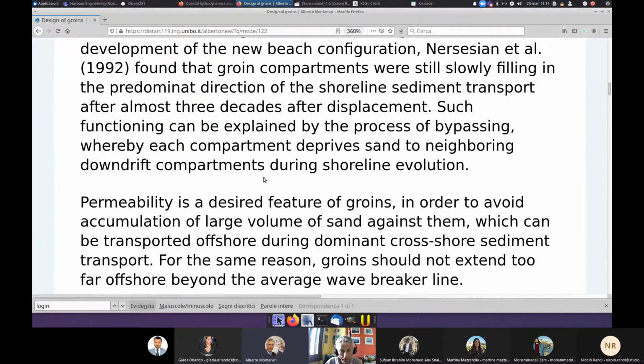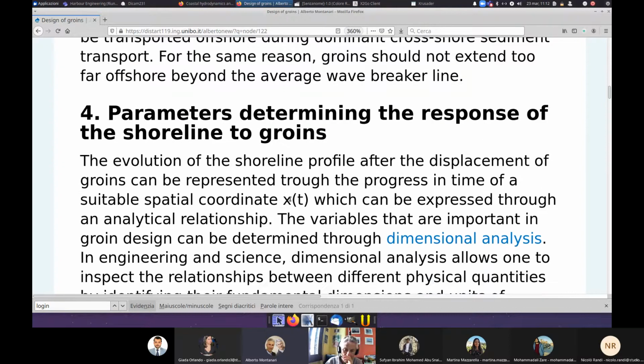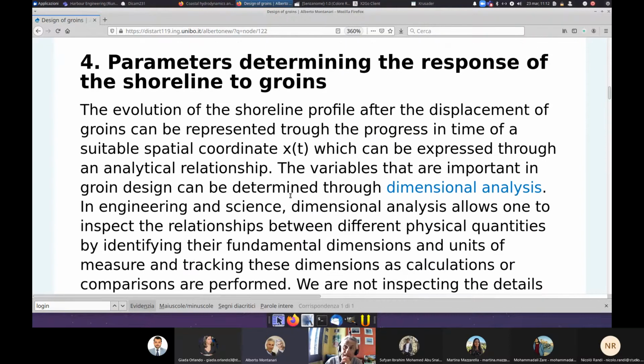Now, what are the parameters that determine the response of the shoreline to groins? This is another consideration that is extremely important. Basically, the parameters can be identified through a dimensional analysis, but we don't want to discuss this.